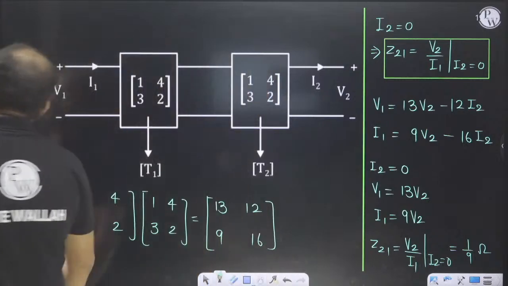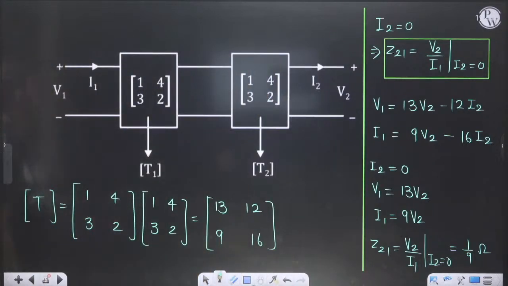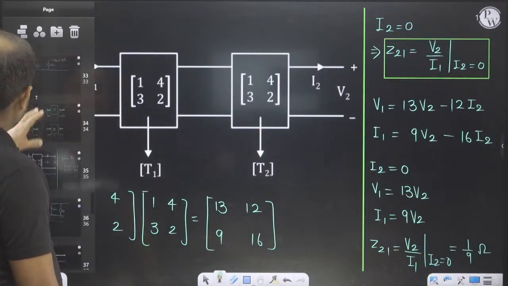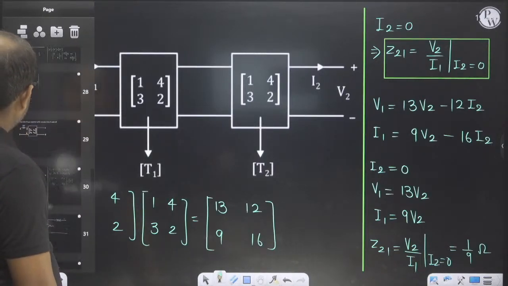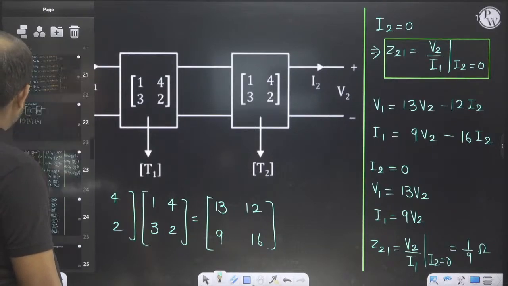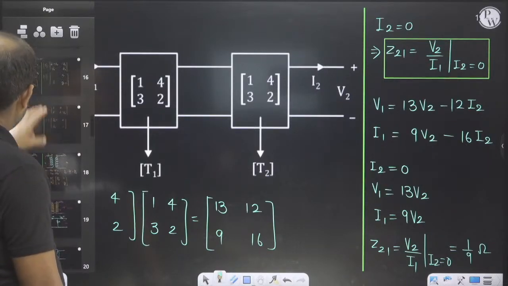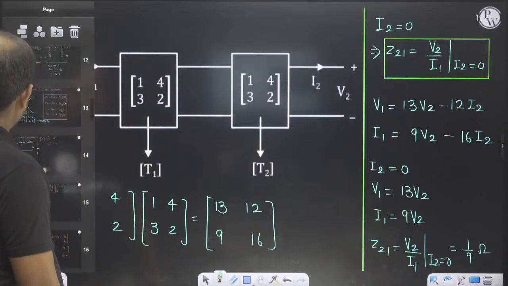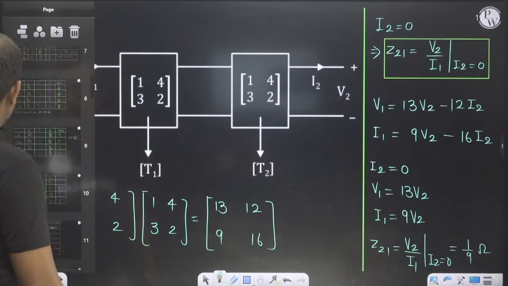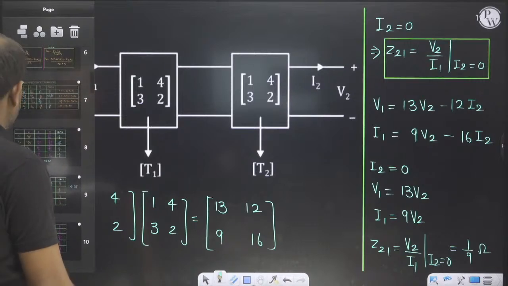So 1 by 9 ohm. What is Z21 in terms of ABCD parameter? It is 1 by C.